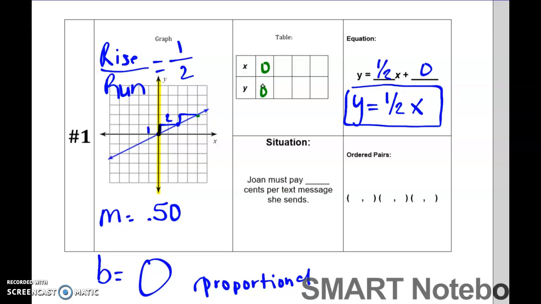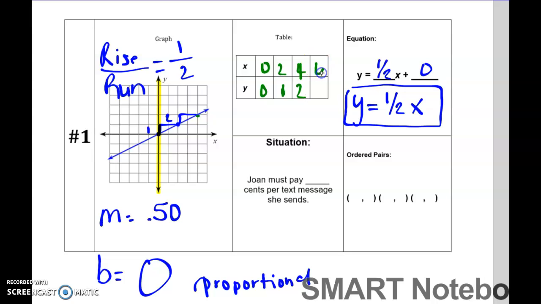Then the next point, I go over 2 up 1. So my x value is 2 and my y value is 1. Then the next point, I go over 2 more. So that x value is 4 and that y value is 2.